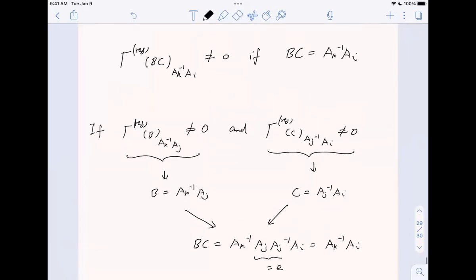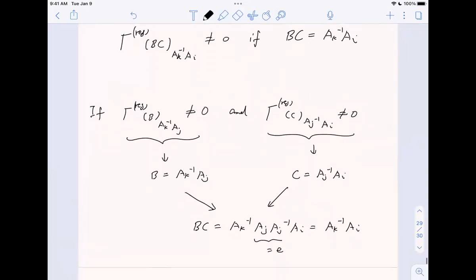So that goes back to here, and that means it is a representation.